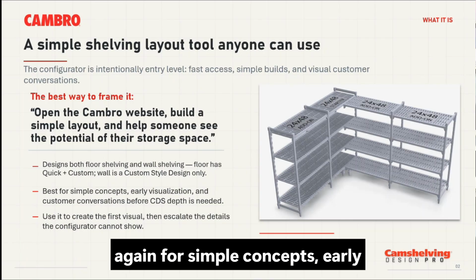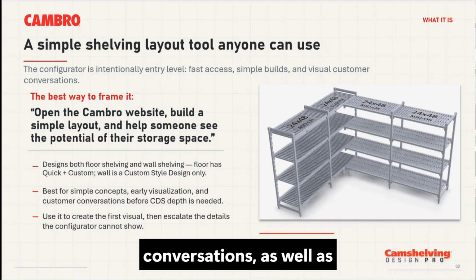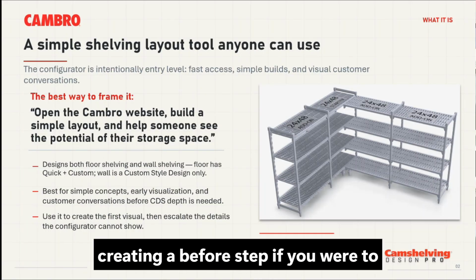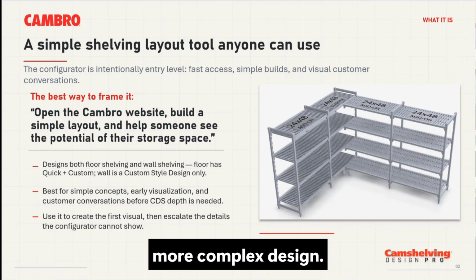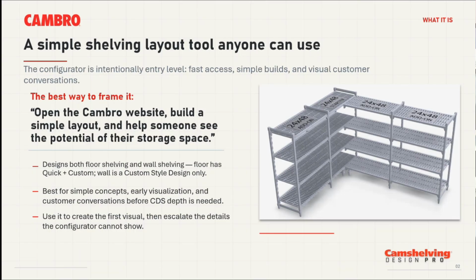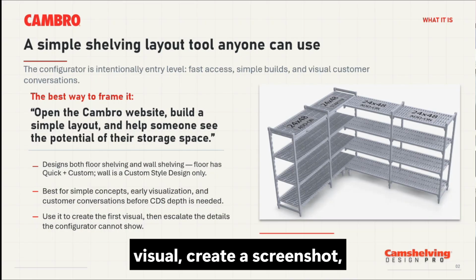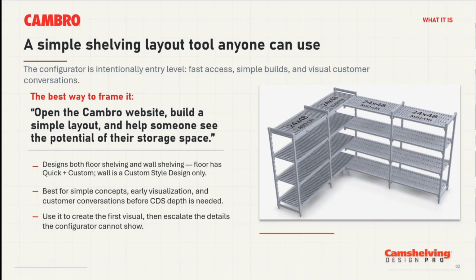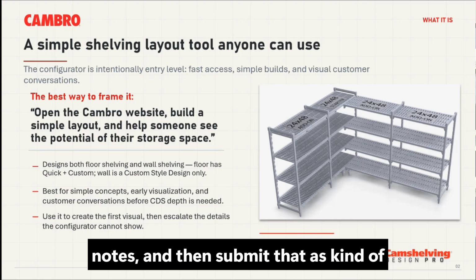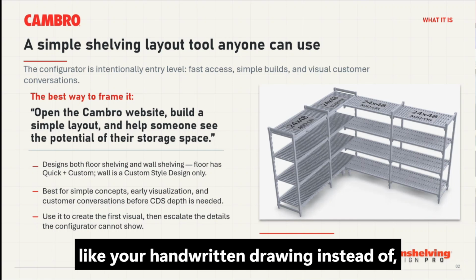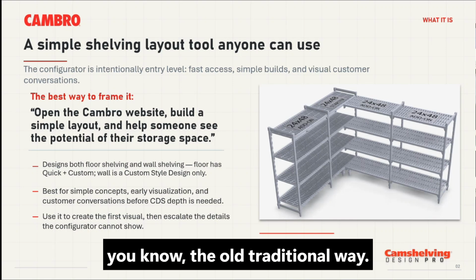It's best for simple concepts, early visualization, to build customer conversations, as well as creating a before step if you were to submit this into CDS to convert it into a more complex design. You can also use it to create a visual: create a screenshot, take a picture of it, print it, make notes, and then submit that as your handwritten drawing instead of the old traditional way.